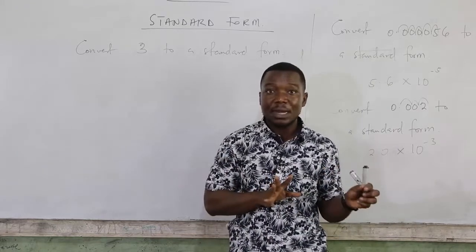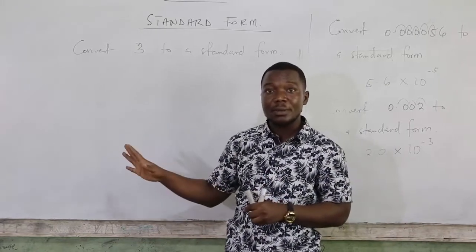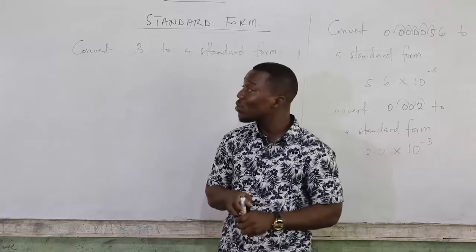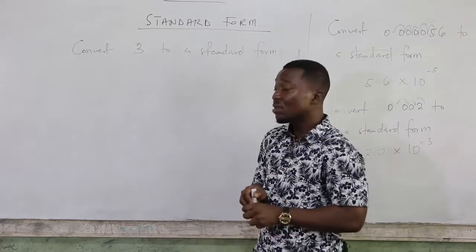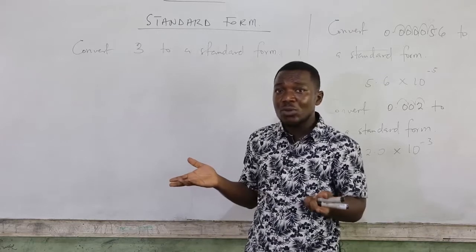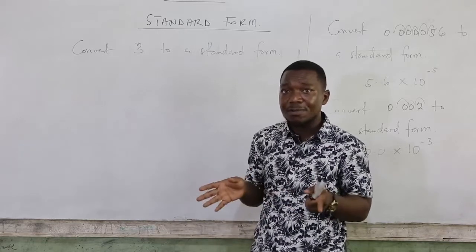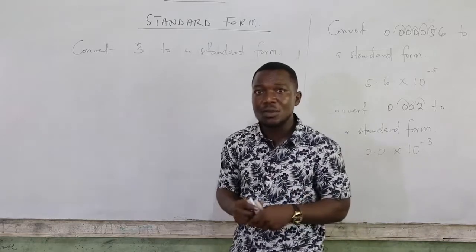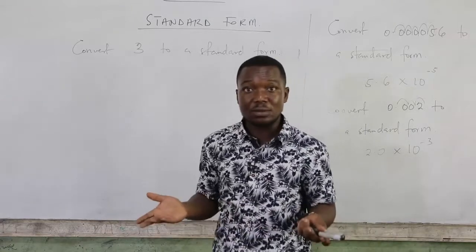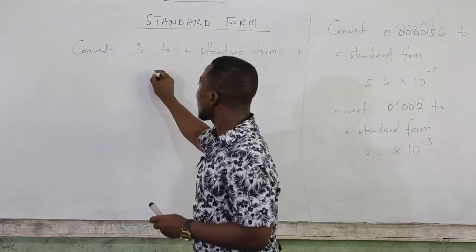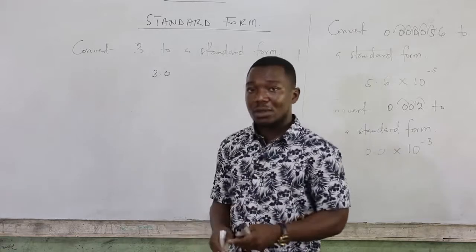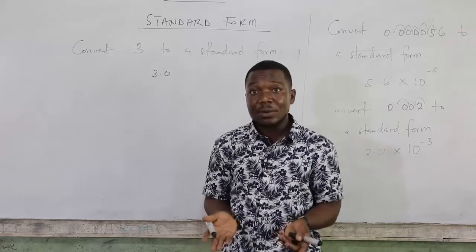We have the decimal part and then the 10 raised to the power part. So this particular figure, we have 3. Now this 3, we are going to look at where the decimal is. So let's first give it a decimal because it has no decimal. So we are going to write 3.0.